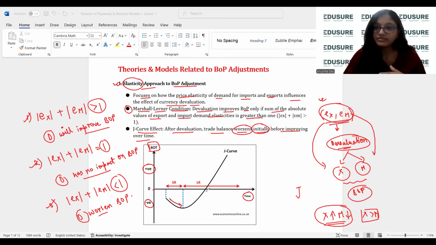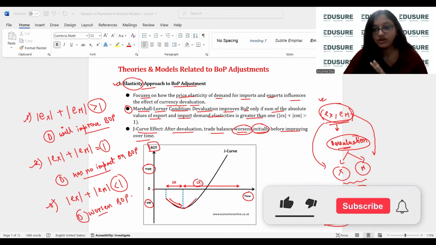Import price changes move faster than export price changes. So in the very short period of time, your trade balance will initially worsen and then it will start to shoot up in the long run.